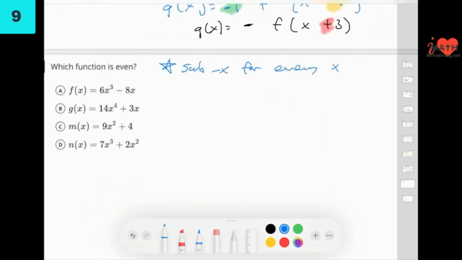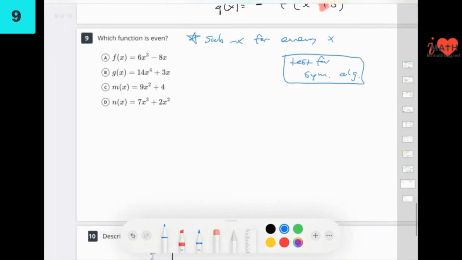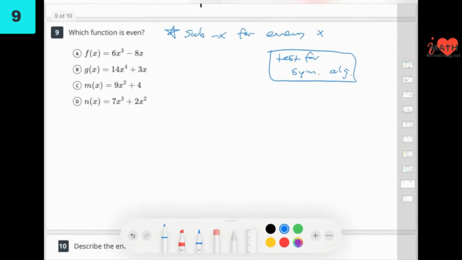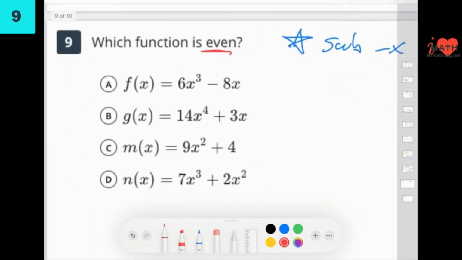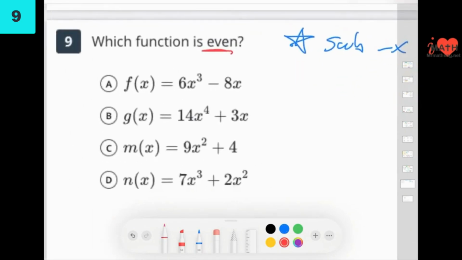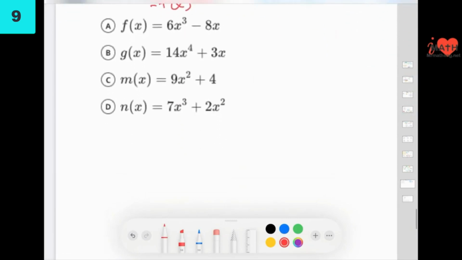And basically what this is testing for is symmetry. Test for symmetry algebraically, okay? And it wants to know what an even is. So an even basically says that you get the original function, okay?